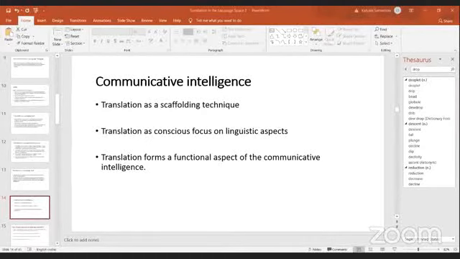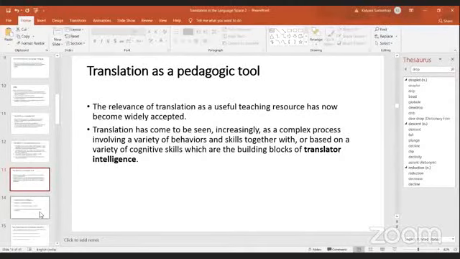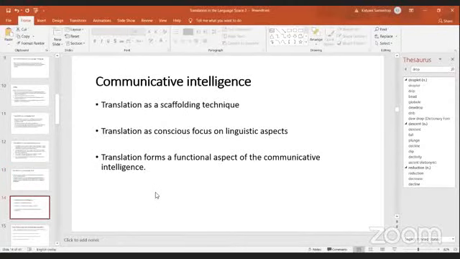So at the core, the process of translation is as communicative as the communicative approach to language learning. So when we talk about translator intelligence, we also have to take into cognizance the communicative intelligence that is used as the translator intelligence.